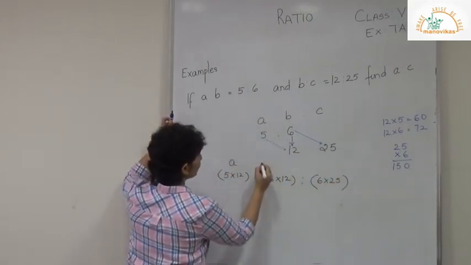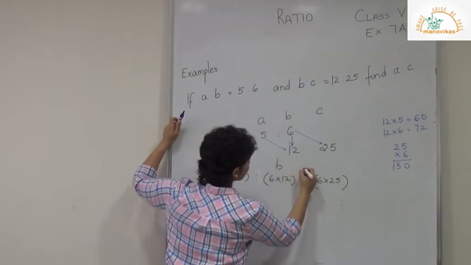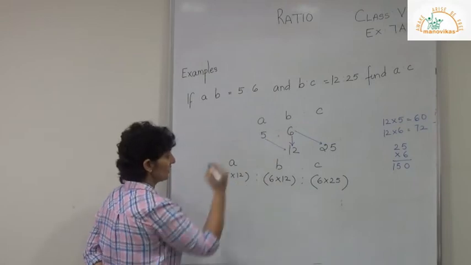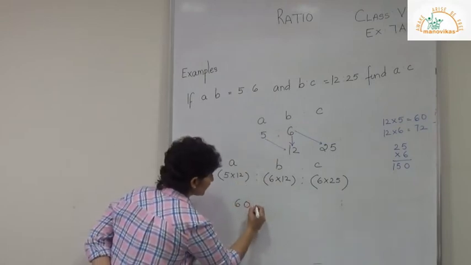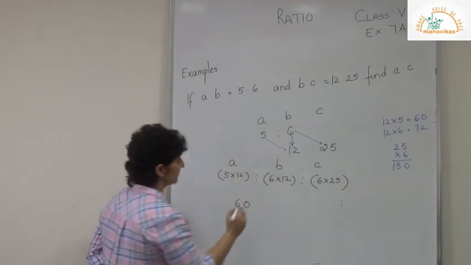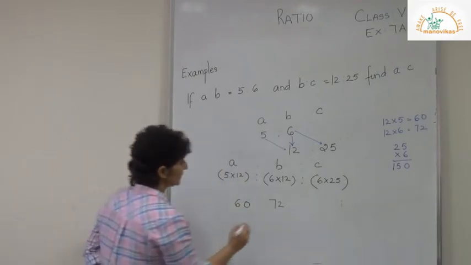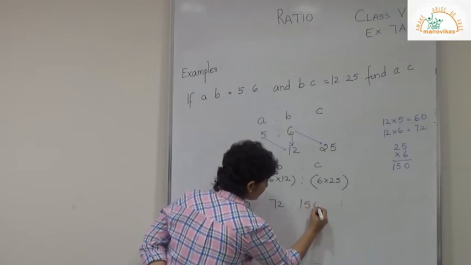That is A is to B is to C. Alright, so what do I get? 12 5s are 60 is to 12 6s are 72 is to 25 into 6 is 150.